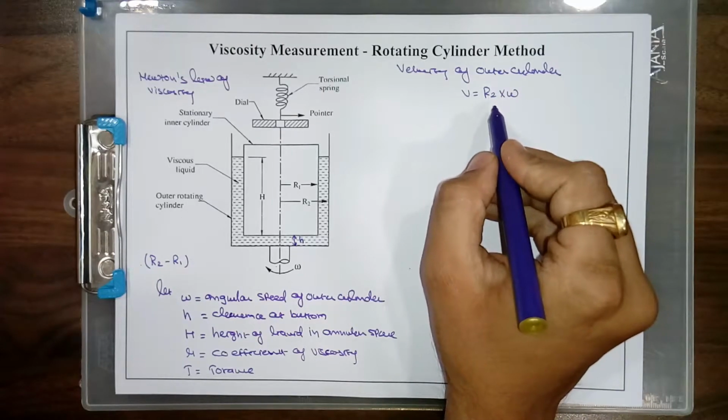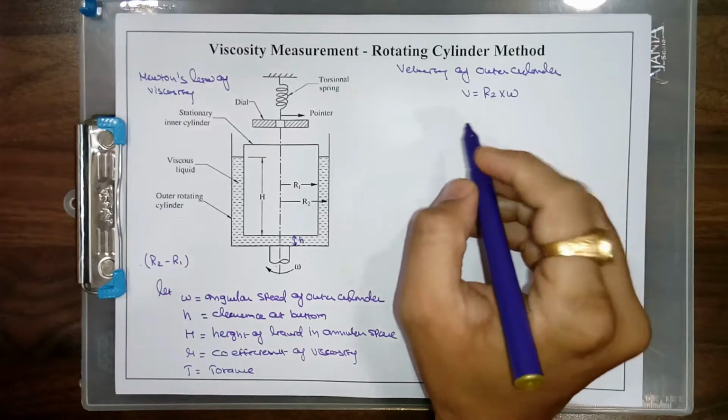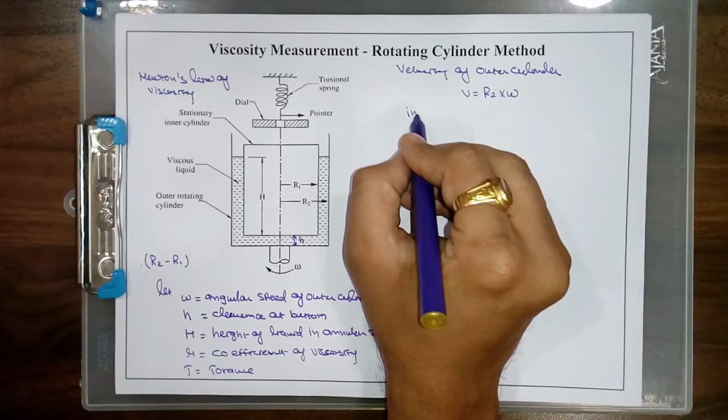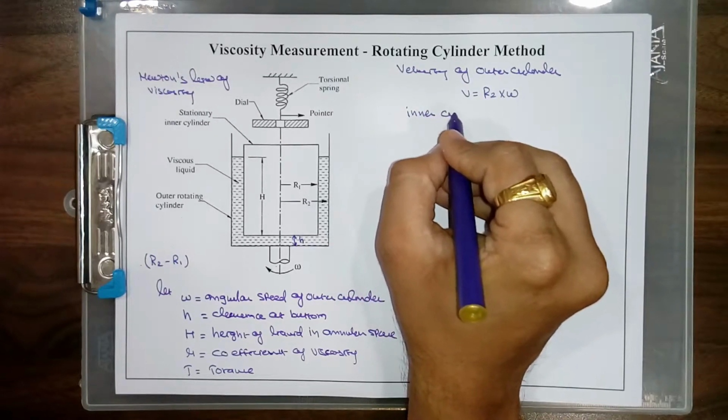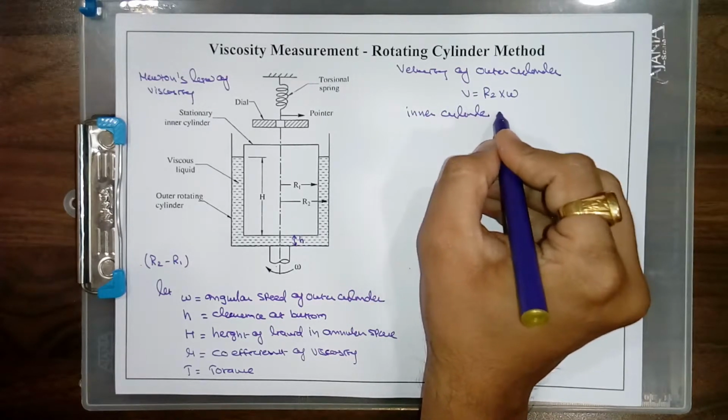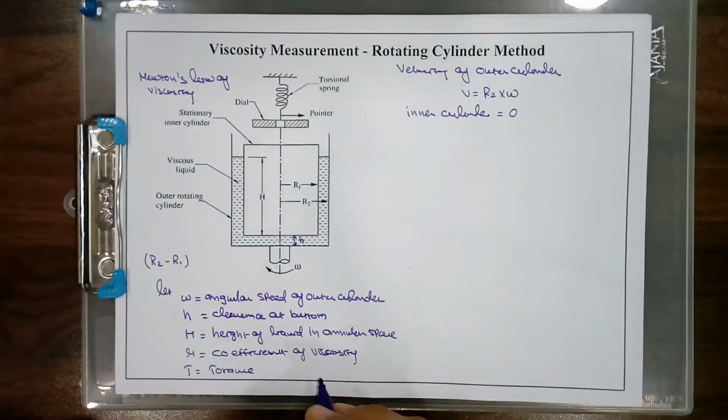So V equals R2 into omega for the outer cylinder, where the velocity of the inner cylinder is 0 because it is a stationary one.